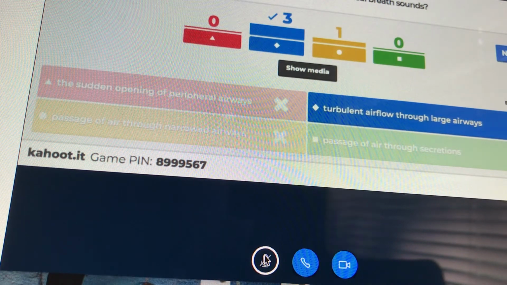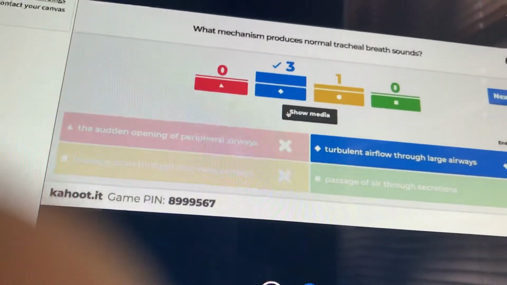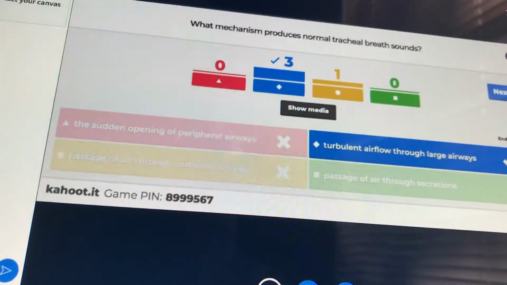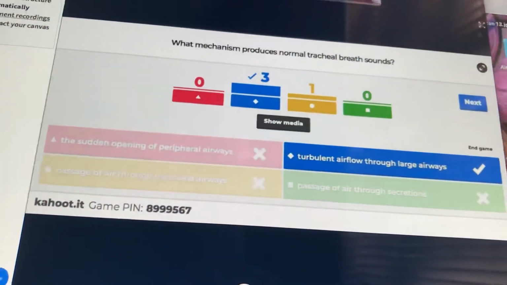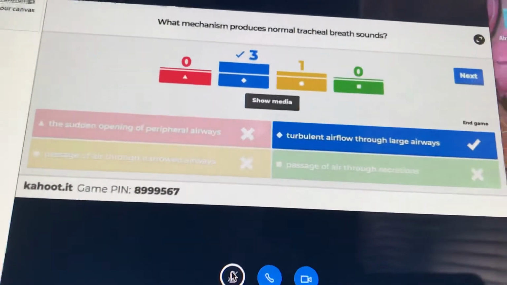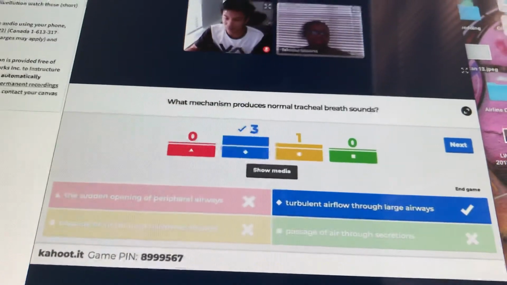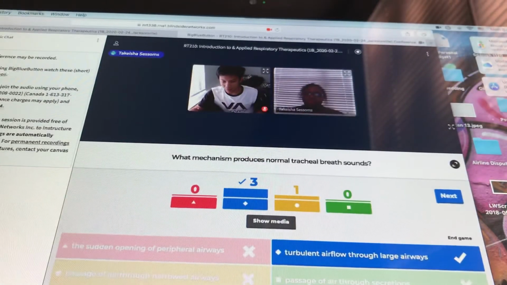Of course, the trachea is the largest airway, and that airflow is going to be turbulent, or at least mixed or transitional. So that turbulent airflow would cause normal breath sounds. Sudden openings of peripheral airways would create what breath sound?